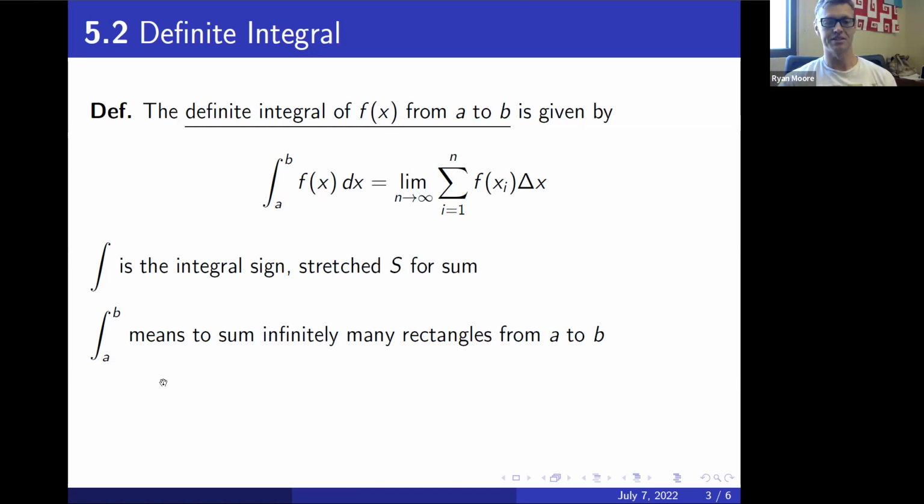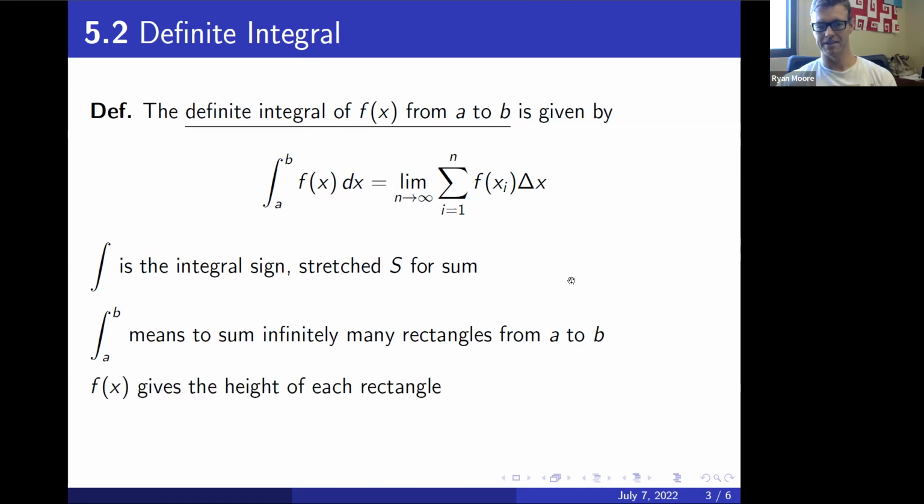So that's telling us our starting and ending points go from a to b. And it is a sum of infinitely many rectangles. We're even capturing the fact that it's a limit as n approaches infinity. Both of these pieces are captured by the integral, and we would read that as the integral from a to b.